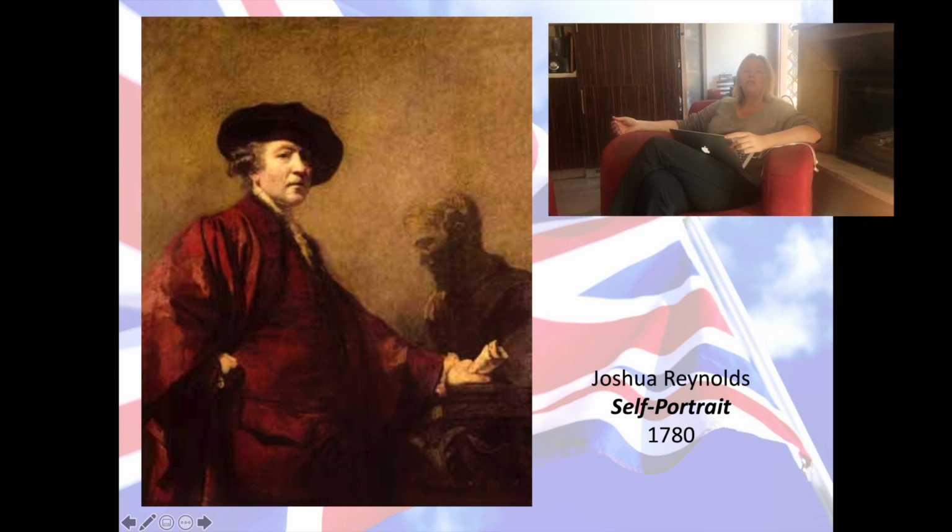So a new institution established in the 1760s to train artists. Before that, before the mid-18th century, if you wanted to become a painter, the only way to do it was to become an apprentice of an already established painter.